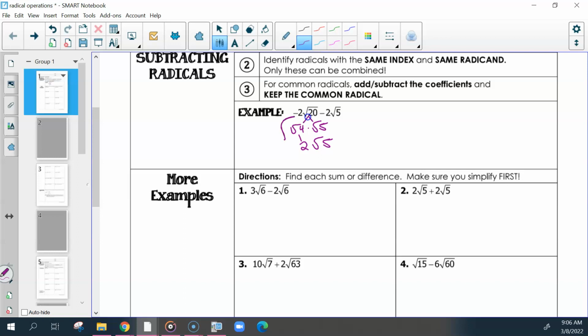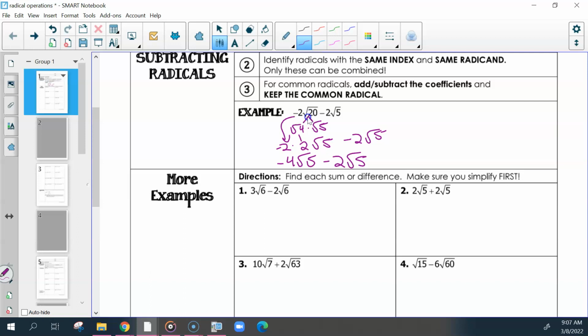And we're going to bring down the negative 2 that was in front. And then we're also going to bring down this last term. So then we can multiply this part. So negative 4 times the square root of 5 minus 2 times the square root of 5.